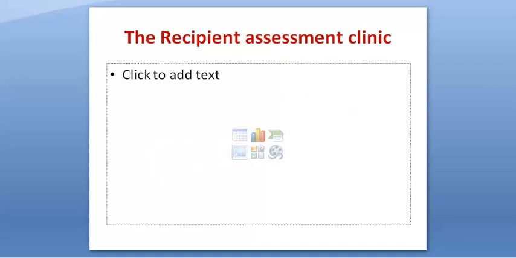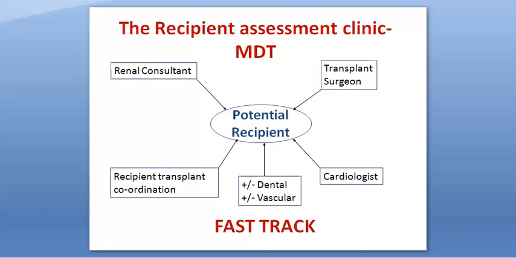The recipient assessment clinic. Some call it the Transplantation Assessment Clinic, and again that's in a multidisciplinary team approach with the potential recipient in the center, having a renal physician for medical assessment and a transplant surgeon for surgical assessment. Some might have access to dental and vascular services through the clinic.